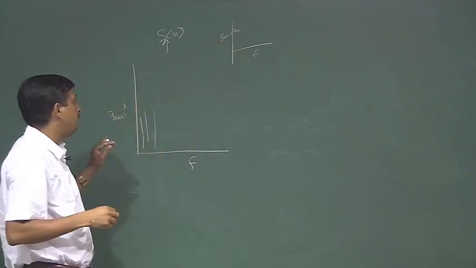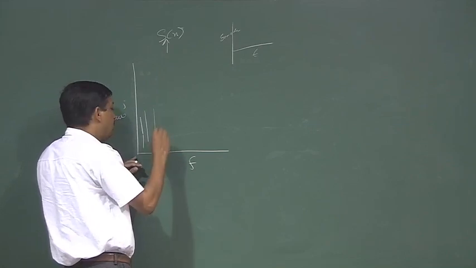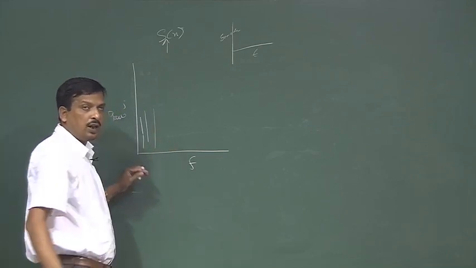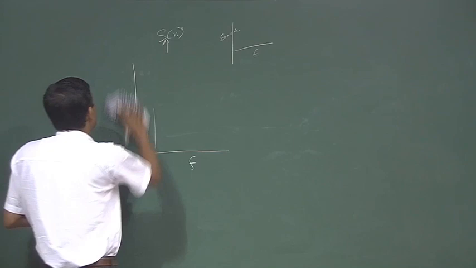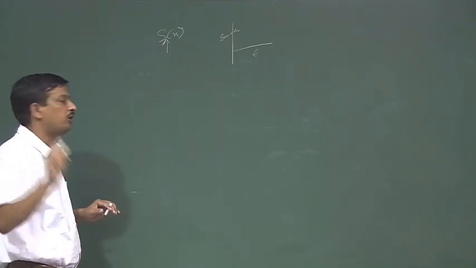Now, the problem is that if I plot this way, I do not know the time information. I want the time information to be there. So what I do is a spectrographic plot. How do I do it? I will discuss that in the signal processing class.